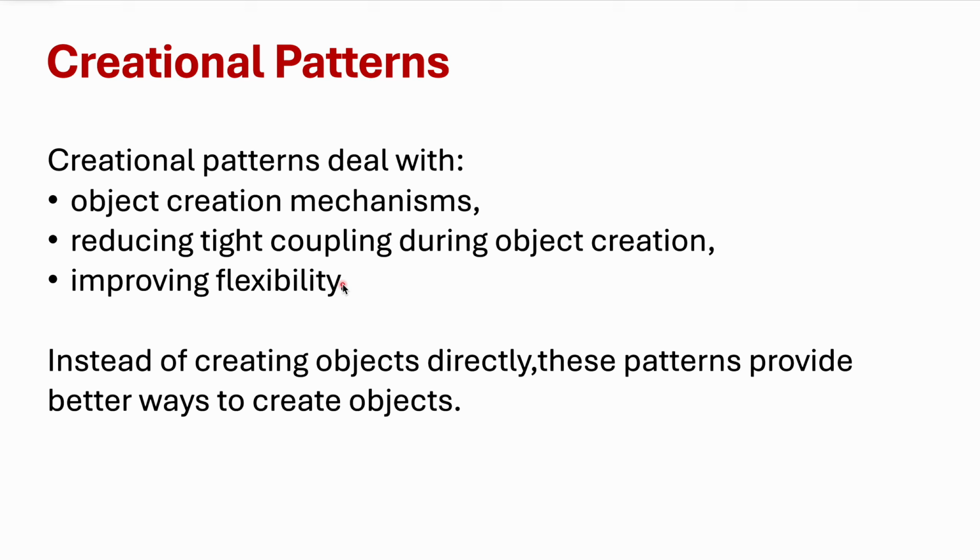To improve the flexibility and scalability of our software. So instead of creating objects directly, there are a few patterns that we can use which will provide a better way of creating the objects. We'll discuss the problem statement, and then in future lectures we'll see how those problem statements are being solved.